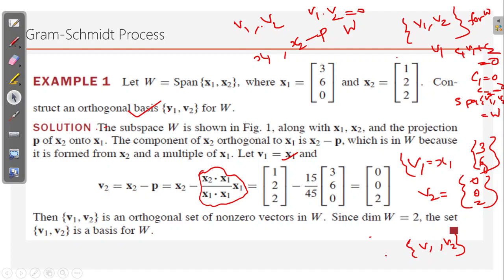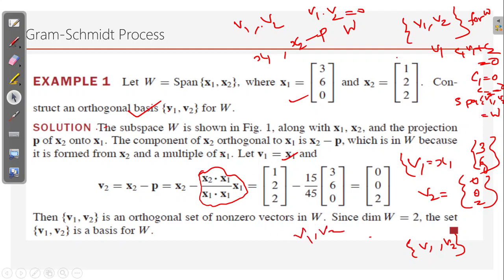I let v1 equal to x1, the first vector which is given, and I calculated the next vector v2 as x2 minus p by calculating this projection. So I got v1, v2.